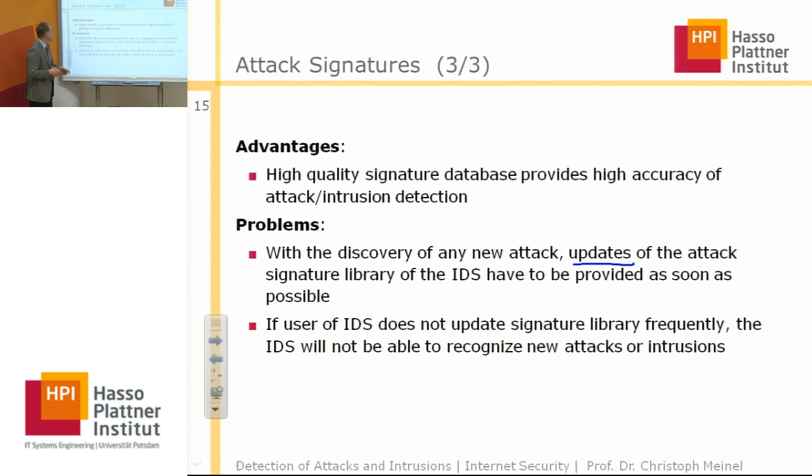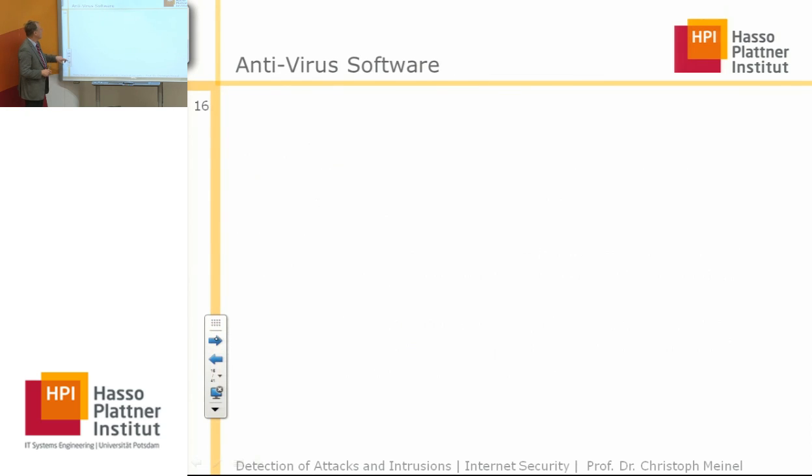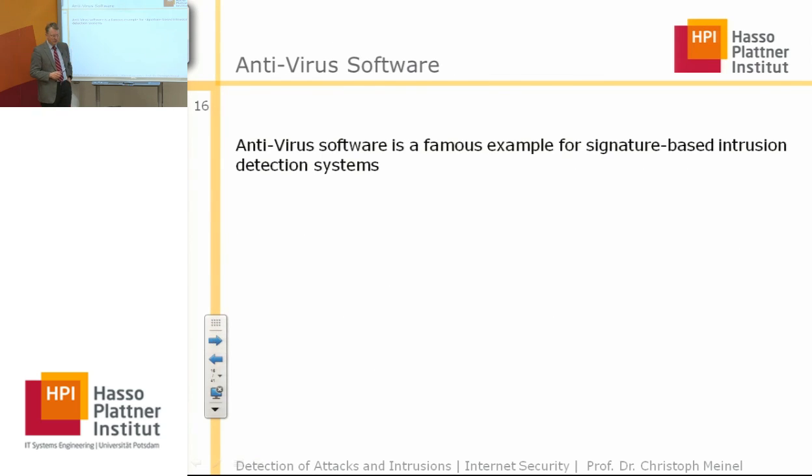So this is a problem with signature-based intrusion detection systems. They can discover attacks with very high precision when the underlying attack library is up to date. They have a problem recognizing unknown attacks.